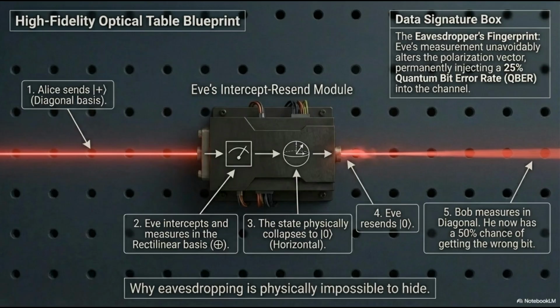This measurement-induced disturbance is not a technological weakness, but a fundamental consequence of the quantum measurement postulate. No technological advance can allow Eve to intercept and measure quantum states without disturbing them, making the detection of eavesdropping an absolute physical guarantee.